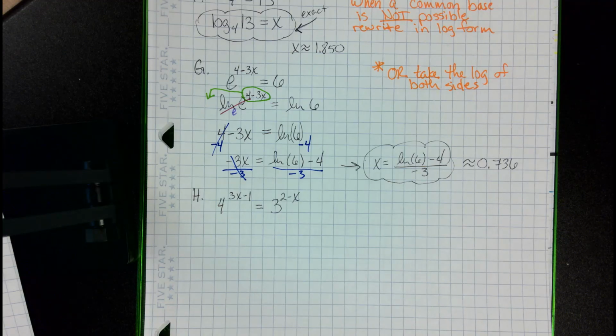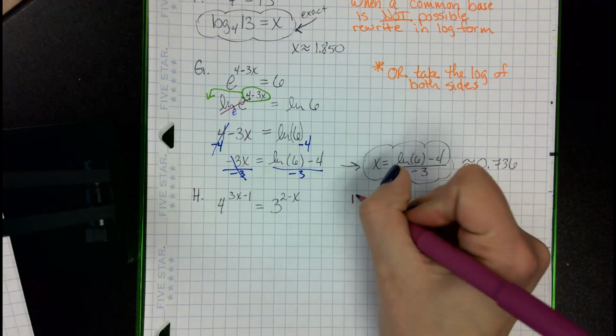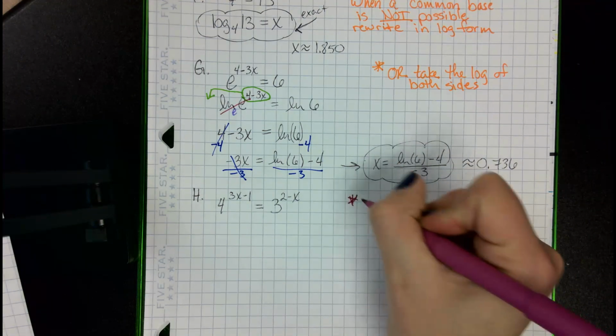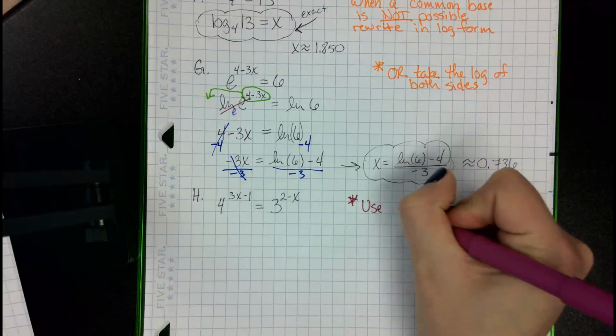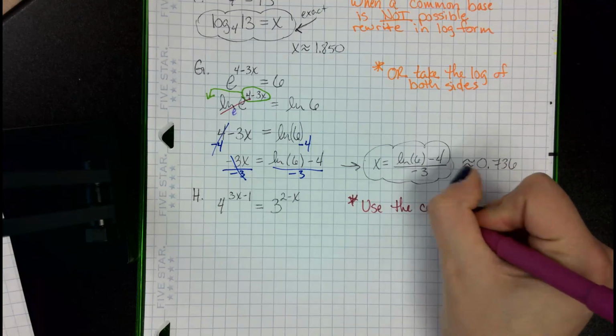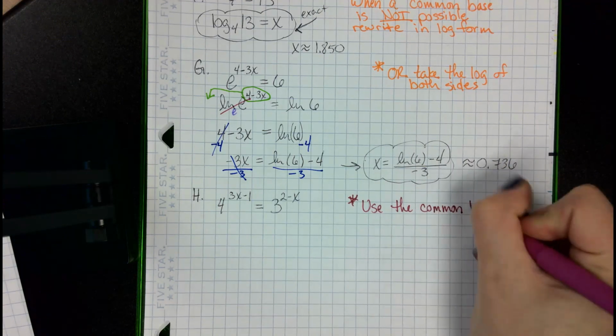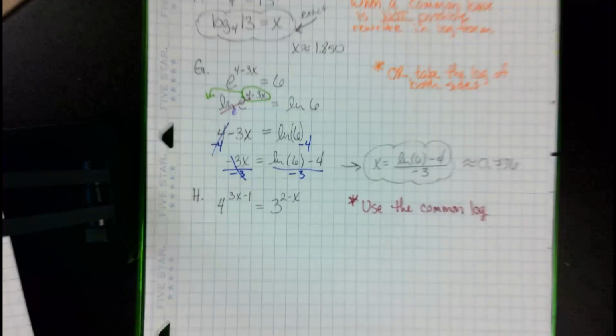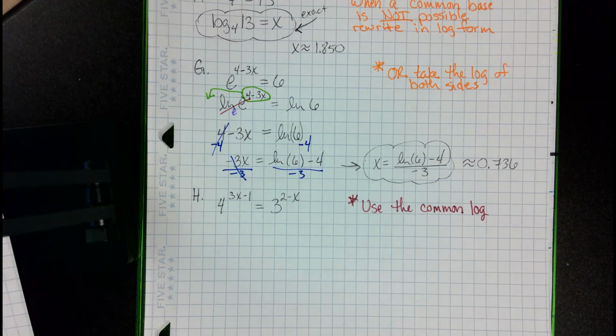So in this case, we're going to use the common log to take the log of both sides. Okay, so if you have an exponential, there's an x in the exponent on both sides.